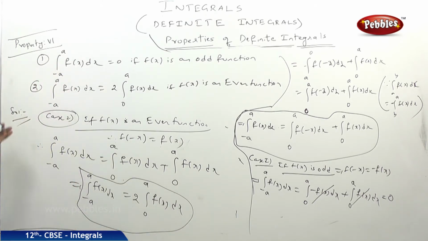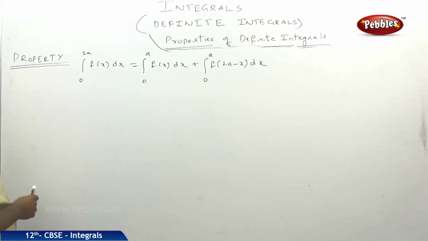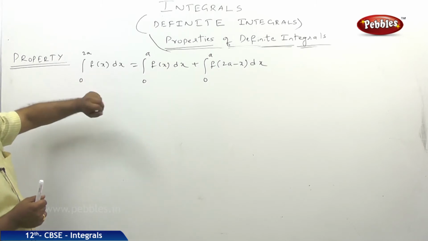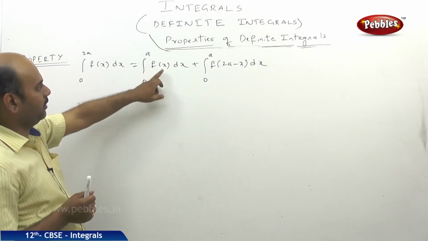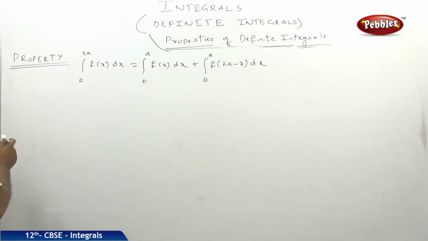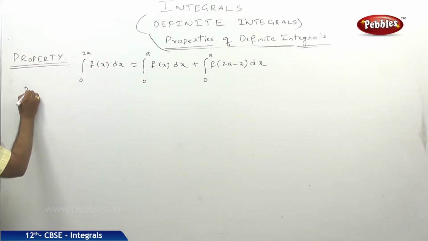I think you are clear with this. Now we shall go for another property. Integral of 0 to 2a f of x dx is equal to integral of 0 to a f of x dx plus integral of 0 to a f of 2a minus x dx. We shall see the proof.